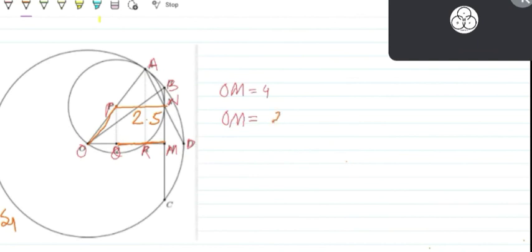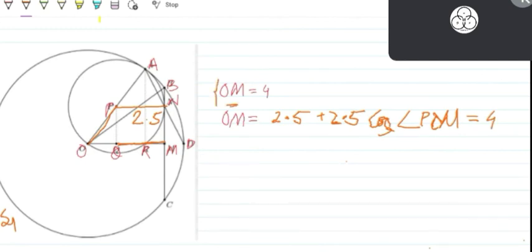So this is 2.5 plus 2.5 cos angle POM, which equals 4, right? So we can find out cos angle POM.